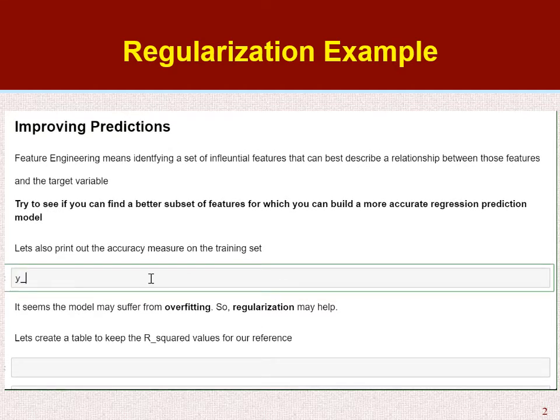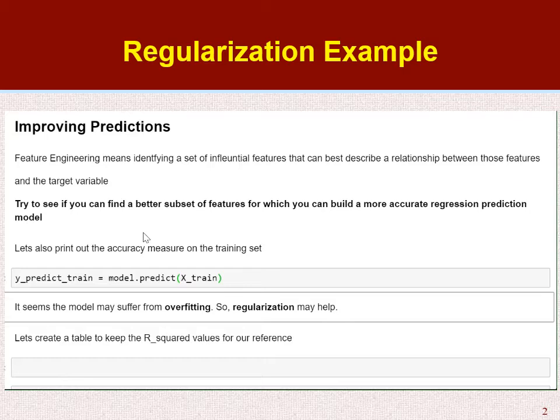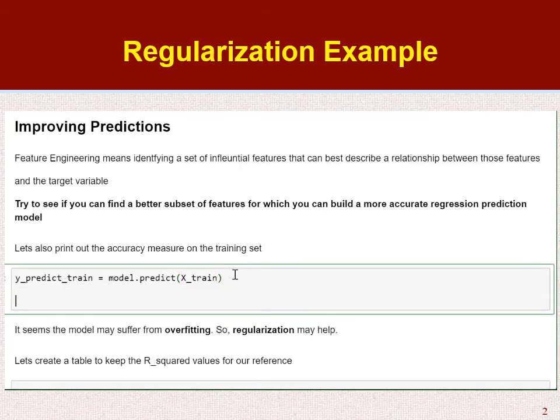So this is what I'm going to do. I'm going to make a prediction on the training data and put it here. The model is called model, and I'm going to ask it to make a prediction on the training dataset. All right, and now I want to print it out: R squared on training dataset.